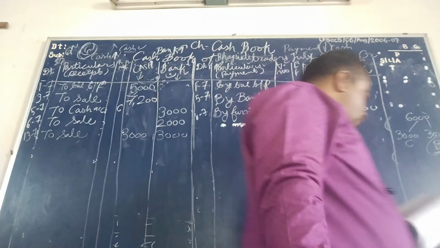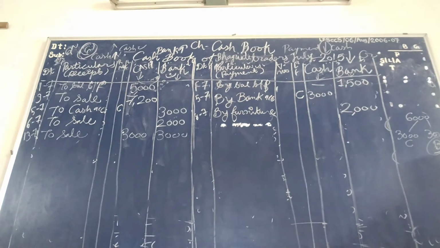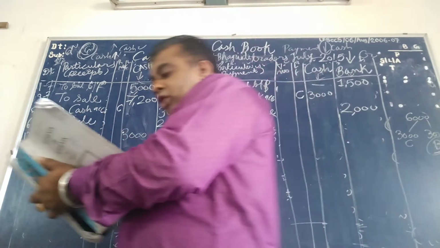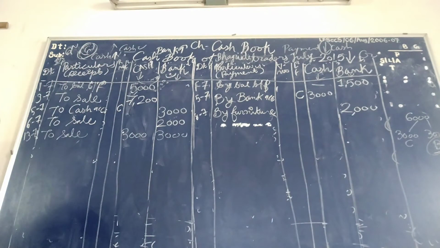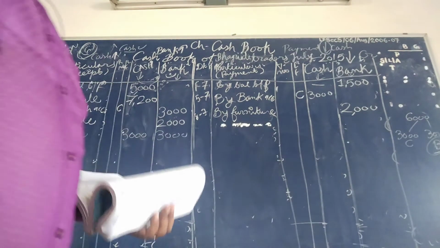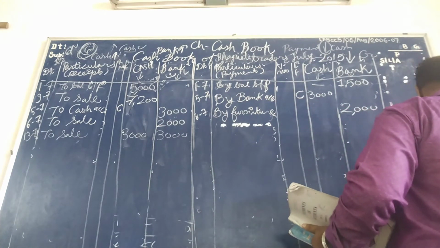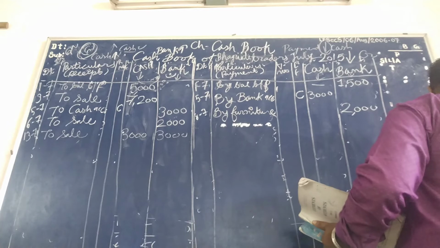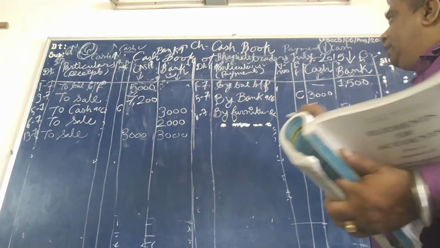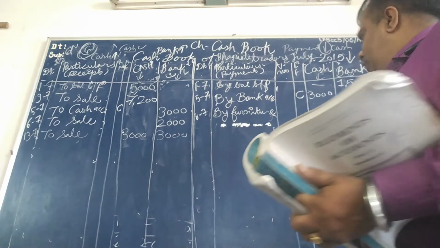Now 15th of July, goods of 6,000 purchased from DPS and the amount is immediately paid by cash. So we purchase goods from DPS and the amount is immediately paid by cash. So the journal entry will be passed as purchase debit to cash. And cash goes out, so we credit it in the cash book.